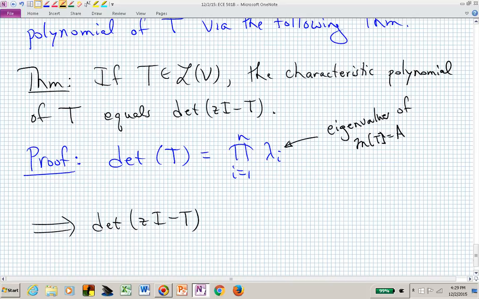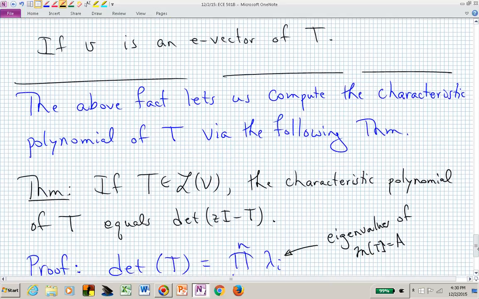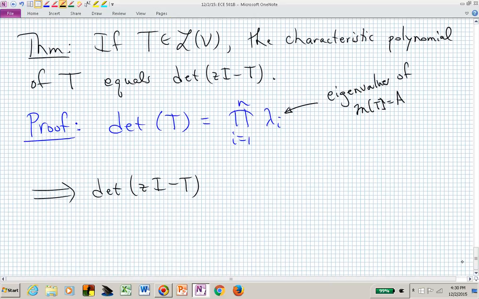From our fact, we now know that eigenvalues of zI minus t are z minus lambda sub i. And we can just generalize that to say that's the product from i equals 1 to n of z minus lambda sub i.